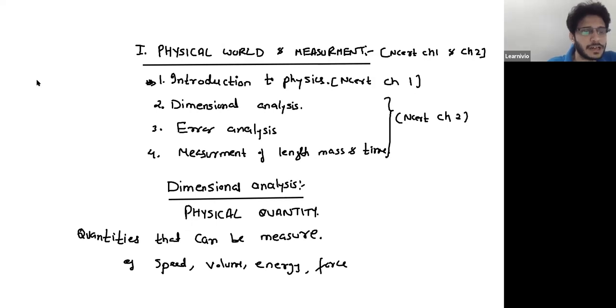Fatma, I have just started unit number 1 of NCERT. Yes, sir, I know. Fatima Sharif, you have done vectors with me, right? You were there in those lectures of vectors. Yes, sir.